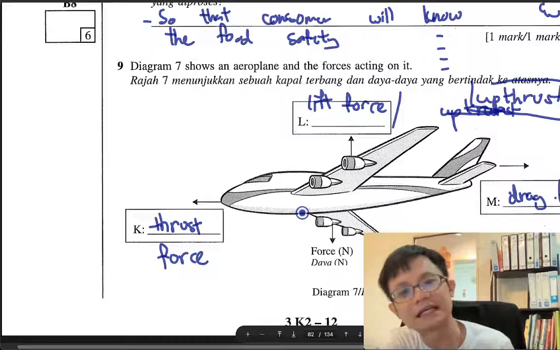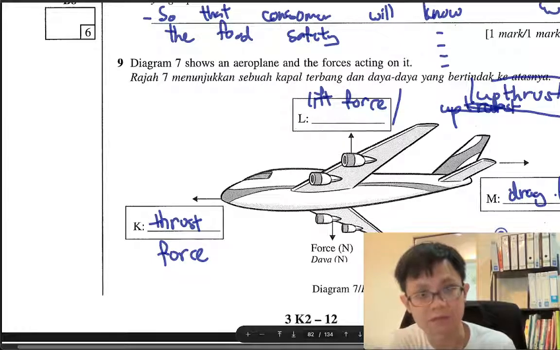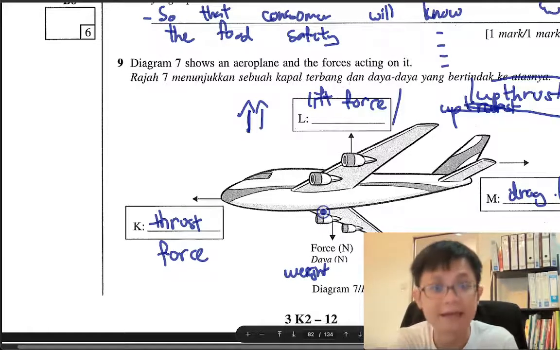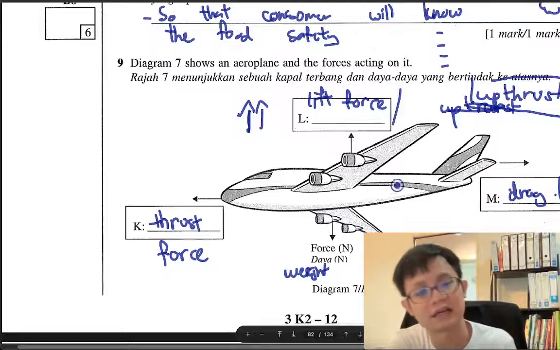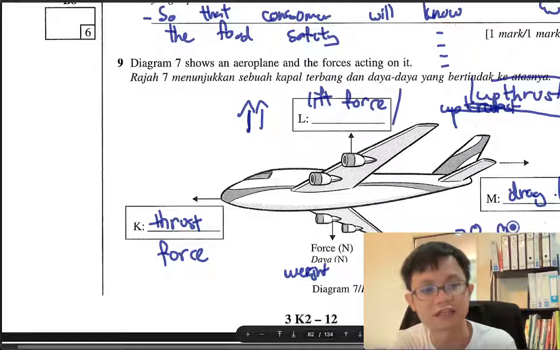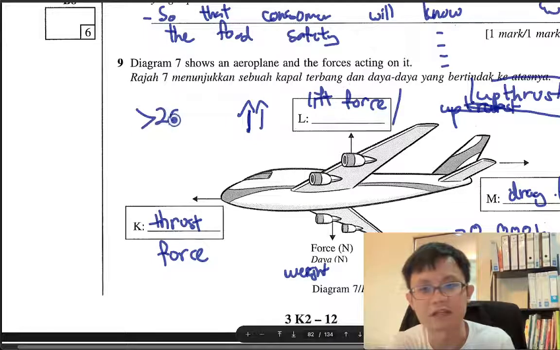Okay, so when you look at this, we need to understand that in order to make this plane go up, the lift force or up thrust must be higher than the weight, because the weight of the plane is pulling it down. Let's say this plane is 20 tons, which means 20,000 kg. The up thrust for this plane must be at least 20,000, either the same or more.